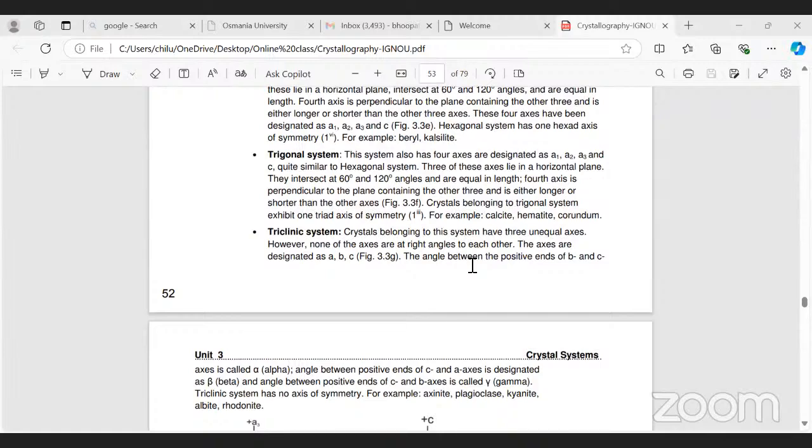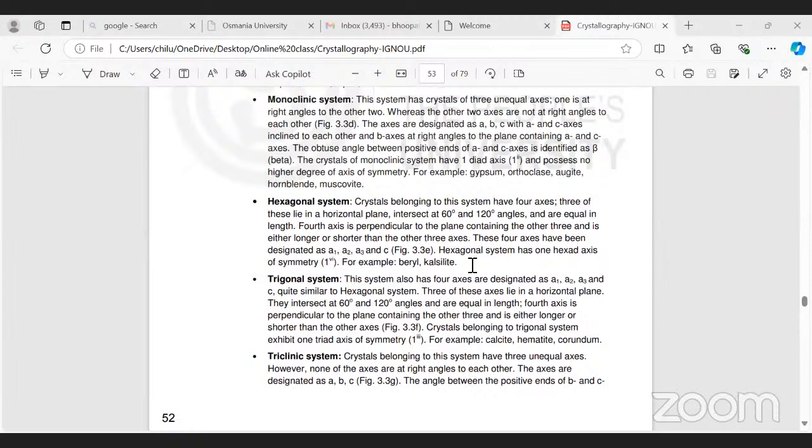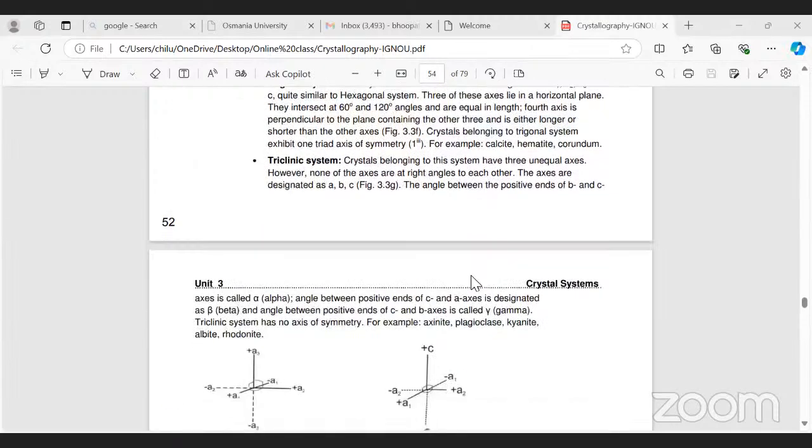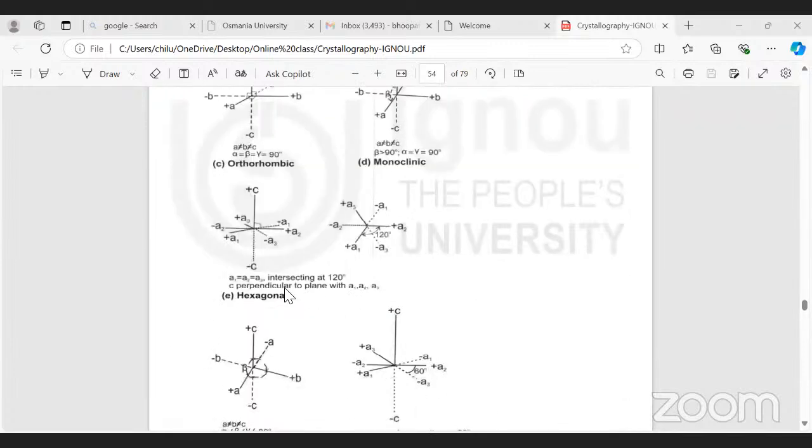And the next one is the hexagonal system. In a hexagonal system, there are four crystallographic axes, with three in the horizontal plane, and only one having a different length.